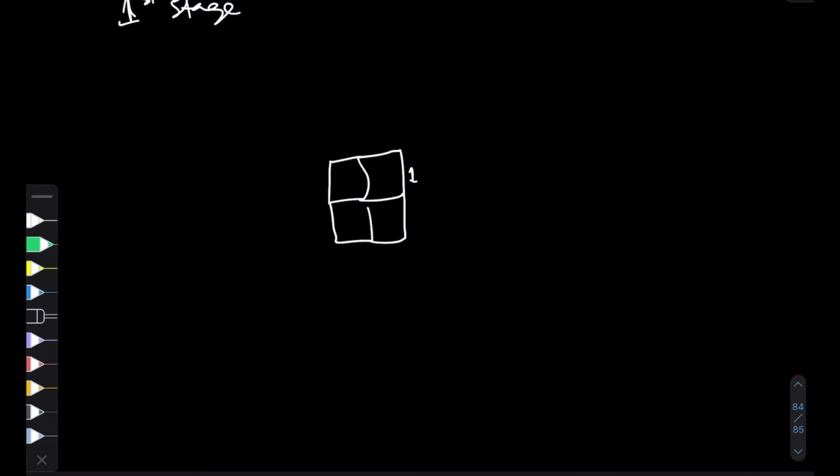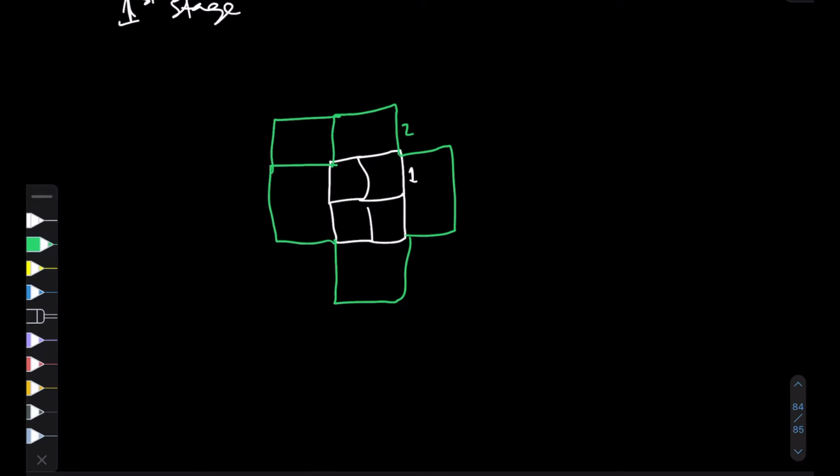Now I'm going to wrap this first stage figure with squares of length 2. So here's my square of length 2, wrapped around on all 4 sides, and after we do this we fill in the corners, and this is what I will call my second stage.